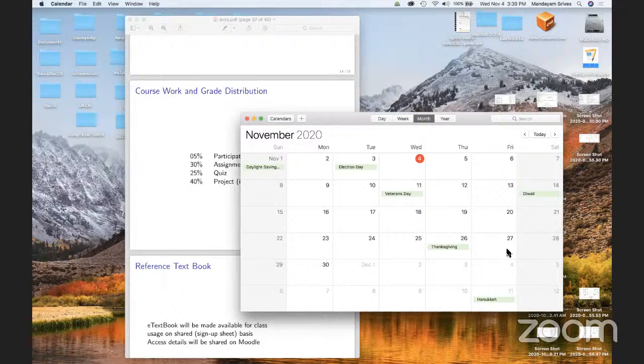I'm imagining maybe 2 hours, at most 3 hours of quiz. I will put it on Moodle, you're given whatever time we decide, 2 or 3 hours, after which you will submit it on Moodle. So that's what I'm planning.